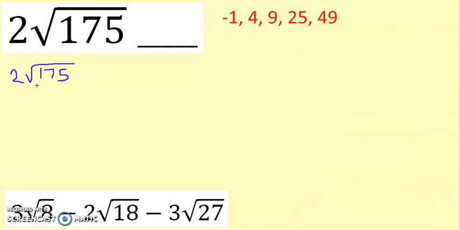Now let's go back to square roots. Those are the ones that come up most often. 2 square root of 175. It's the same thing here. We're going to take out those numbers. It looks like we could take out a 25. 175 divided by 25 is 7.